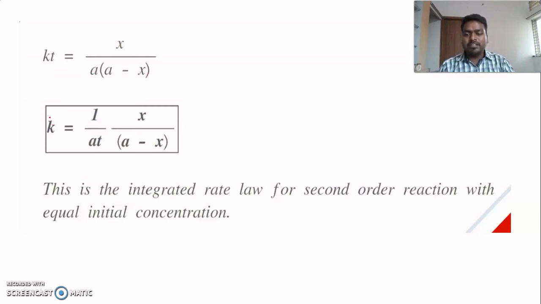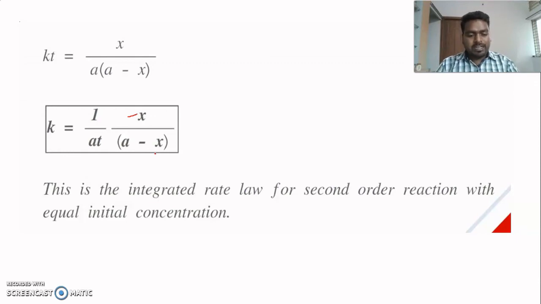Then keeping the rate constant on the LHS, k is equal to 1 divided by at, that is initial concentration and time, into x divided by (a minus x). So this is the integrated rate expression for a second order reaction, in which the concentrations of A and B are equal.